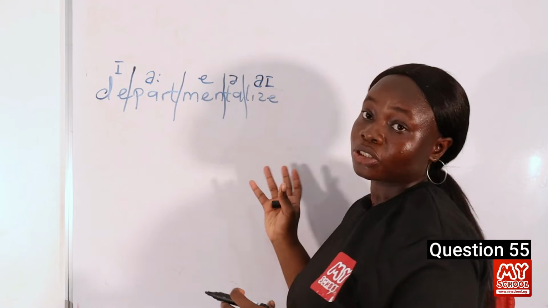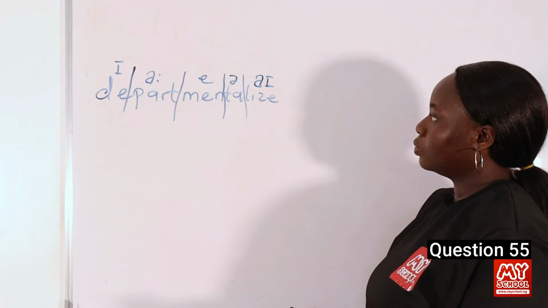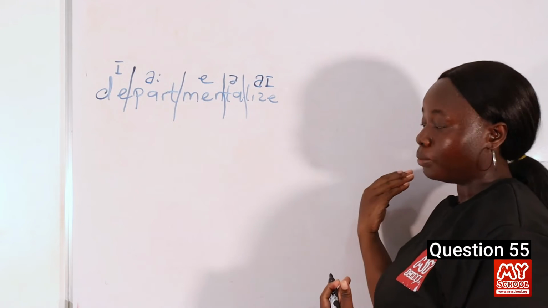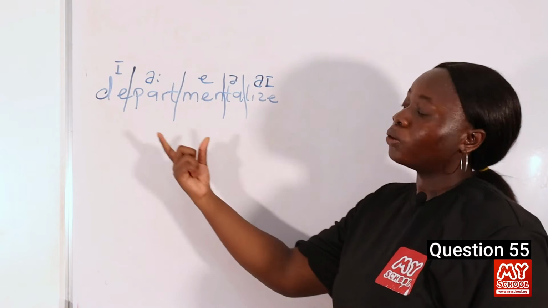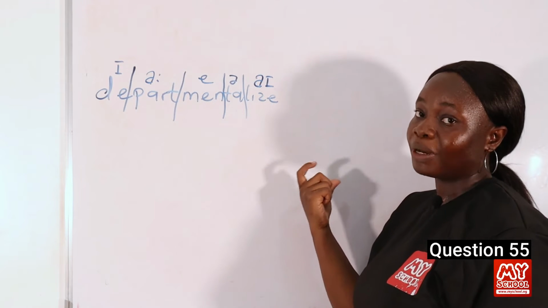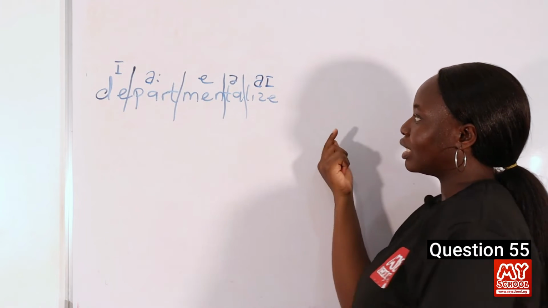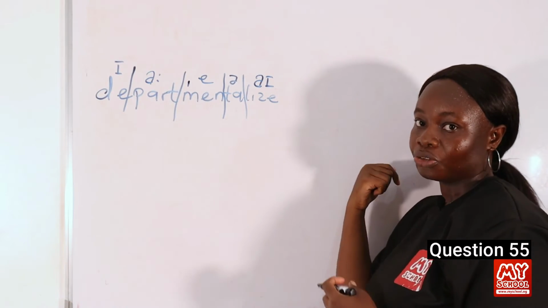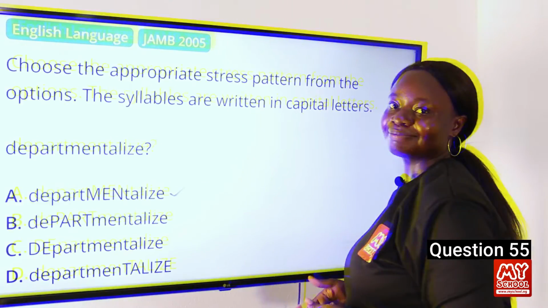Considering that this particular word has a suffix, alize, we do not place stress on the suffix of a word. We ignore them when we are trying to identify where the stress is supposed to be. Also, considering that this is a verb, departmentalize, the stress starts from the back. We ignore the suffix and place the stress on the syllable men. Let's go back to the screen to mark our answer. Since the stress is on the syllable men, our answer to this question is option A.